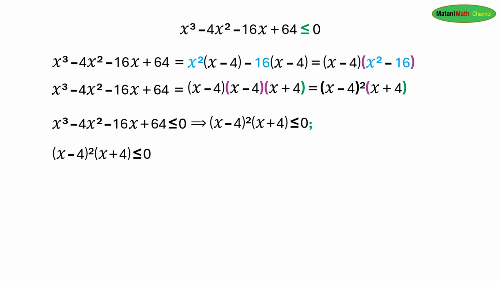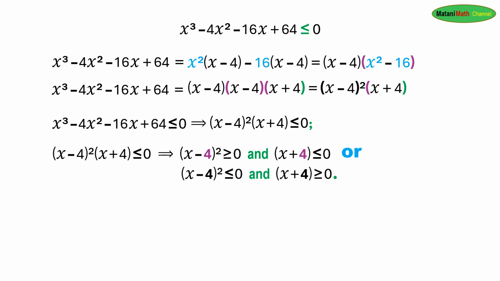If the square of x minus 4 times x plus 4 less than or equal to 0, then the square of x minus 4 greater than 0 and x plus 4 less than or equal to 0, or the square of x minus 4 less than or equal to 0 and x plus 4 greater than or equal to 0.